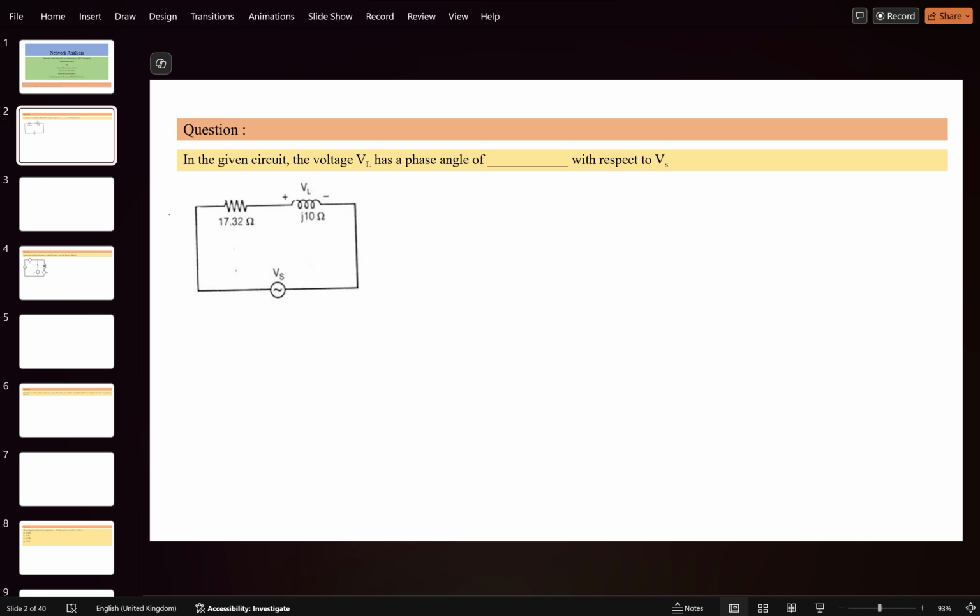Try to use the voltage division rule here. If you are saying with respect to VS, then try to find out the value of VL with respect to VS only. You don't need to know the VL magnitude because it was asking the phase angle only.